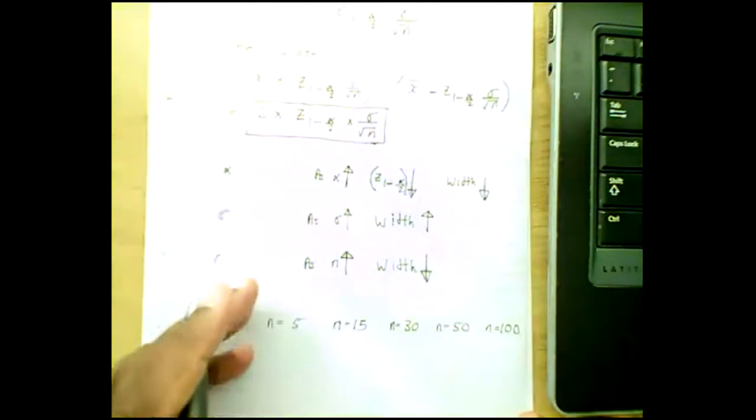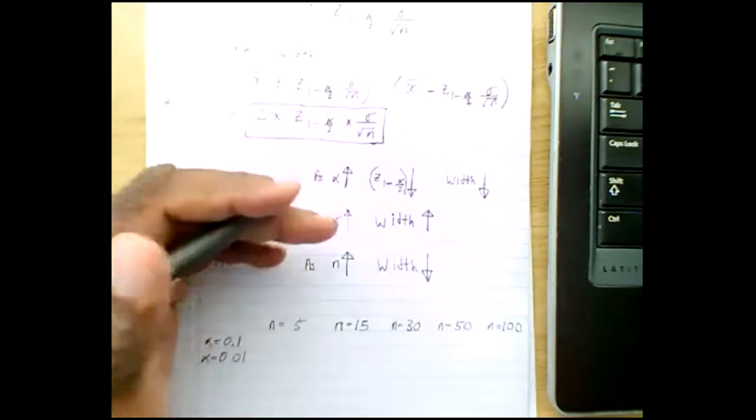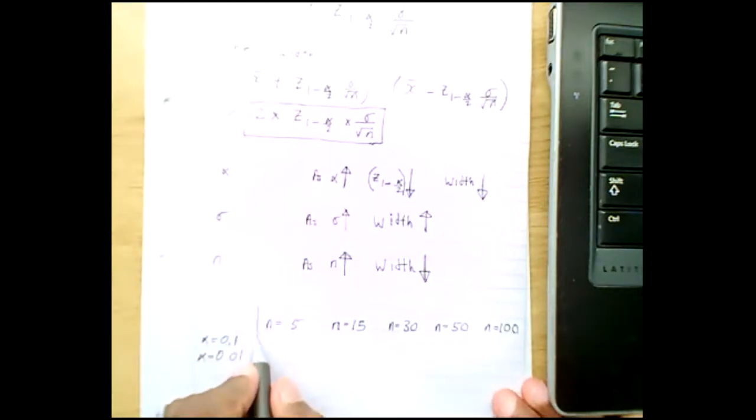These are the different values for n you are asked to consider, and you're also asked to consider alpha equal to 0.1 and alpha equal to 0.01.